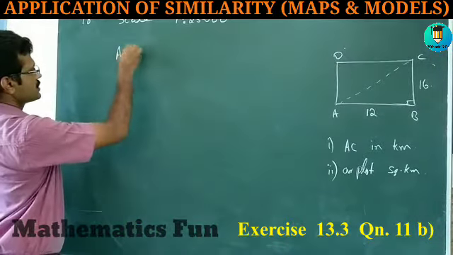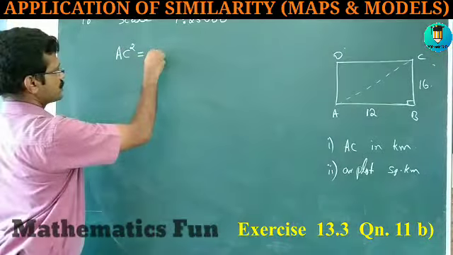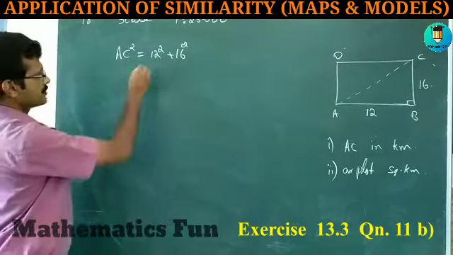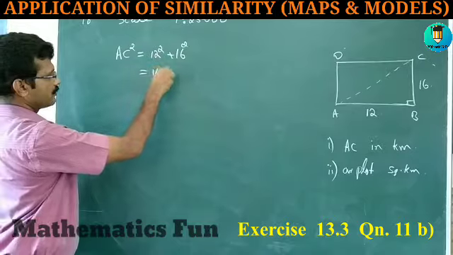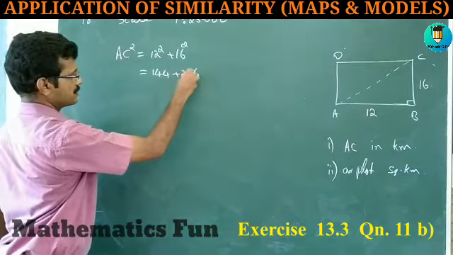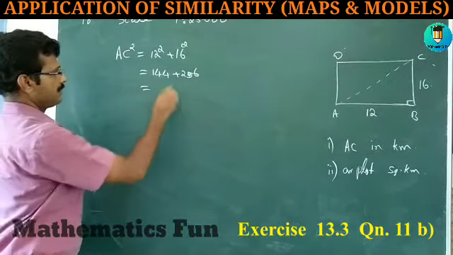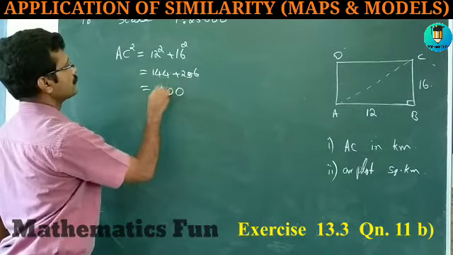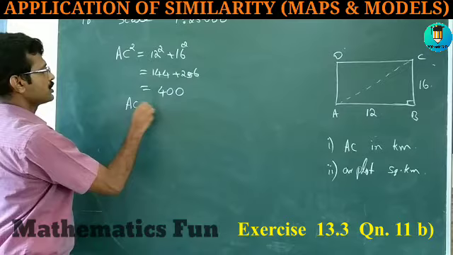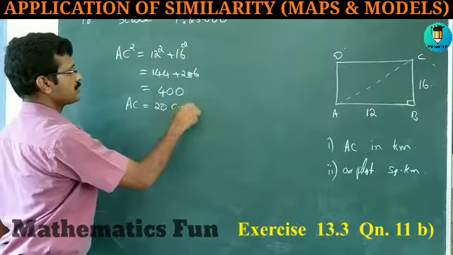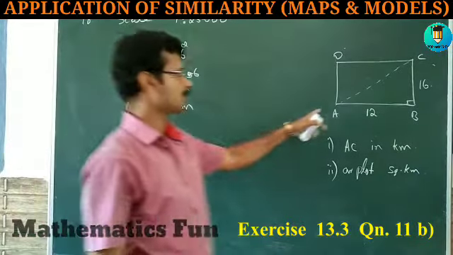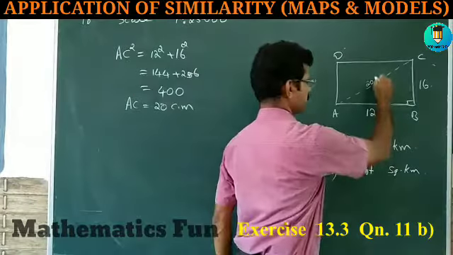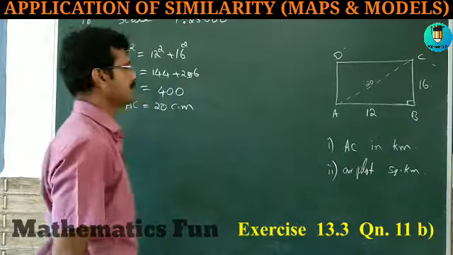AC square is equal to 12 square plus 16 square, base square plus height square, 144 plus 256. If I add, it is coming 400, so AC is 20, that is 20 centimeter. So AC we got 20 centimeter in the diagram.